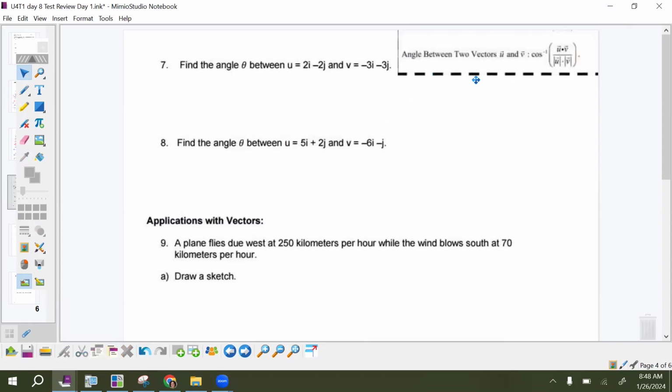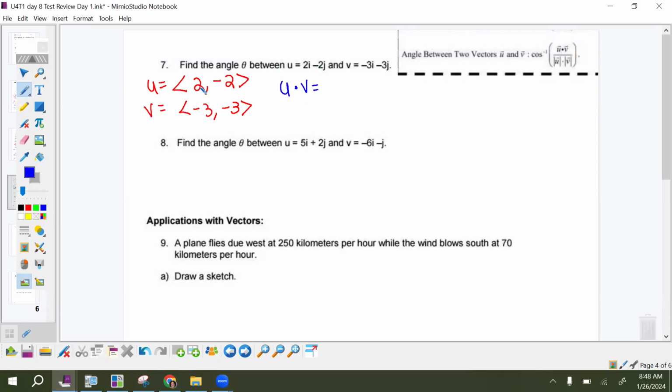Okay, so i and j are not my favorite forms of vectors. I'm going to switch that. i is the x component, j is the y component. All right, I like that better. So angle between, we have dot product in the numerator.